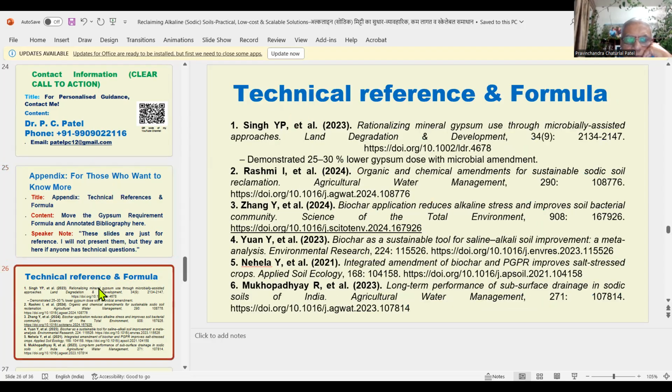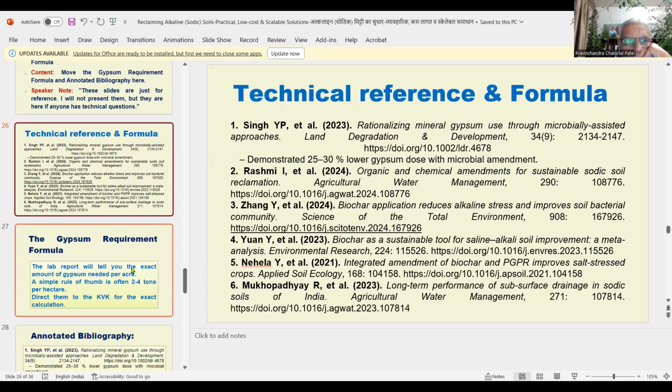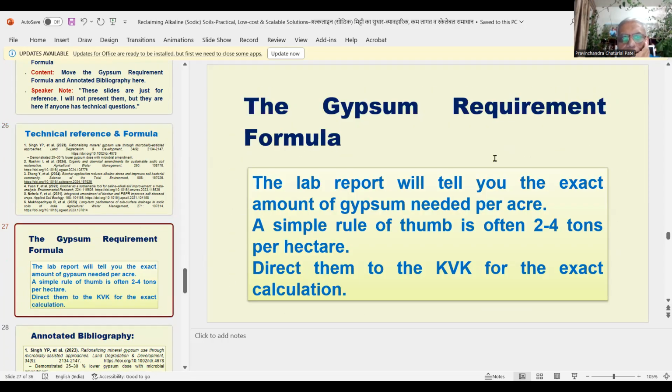Then technical references, so you can see the references. Then the gypsum requirement formula. You have to take a representative soil sample of your field. The lab report will tell you the exact amount of gypsum needed per acre.